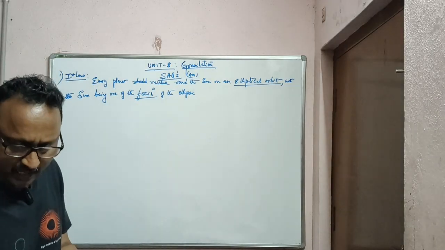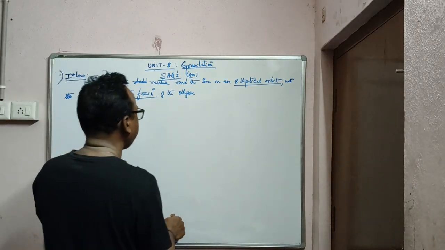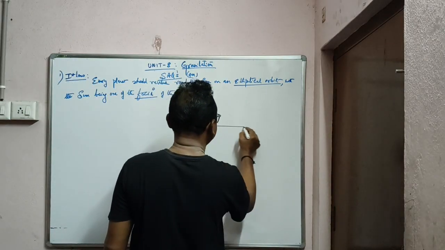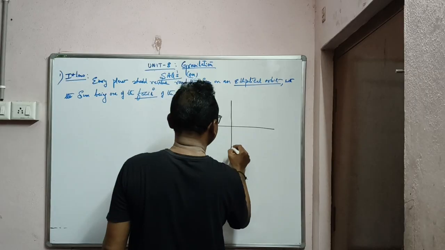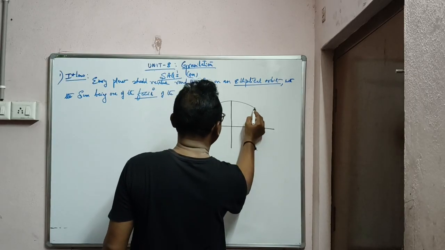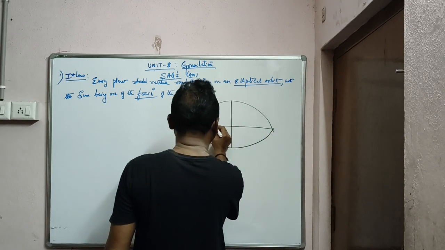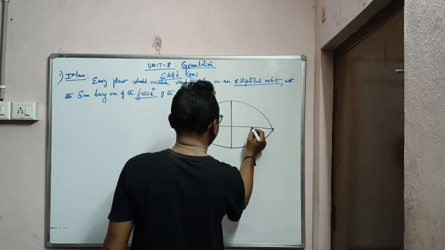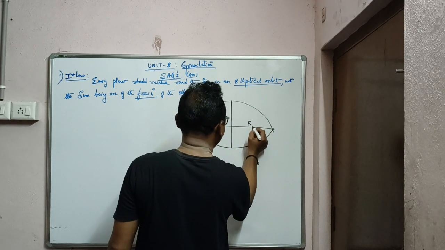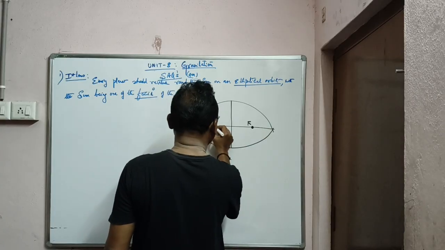I am drawing the diagram for you. This is the major axis, the minor axis, you can see the ellipse. He is saying that either it should be F1 or F2, either the sun should be here or here.